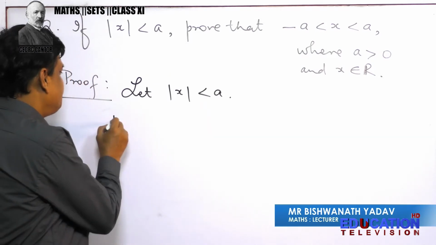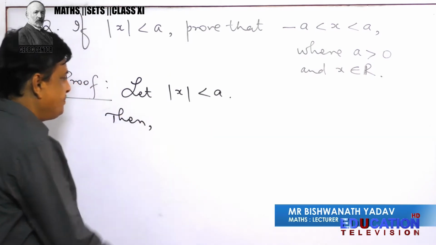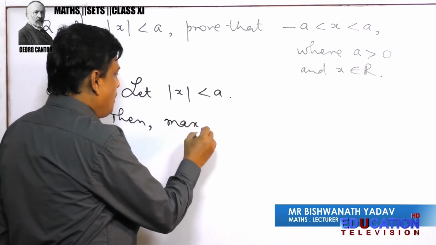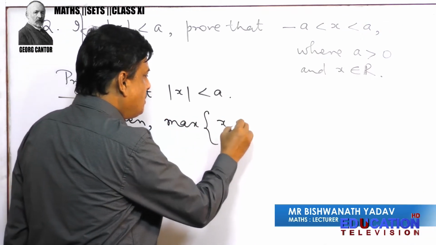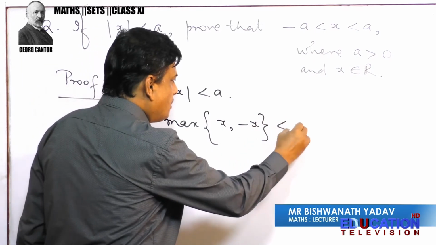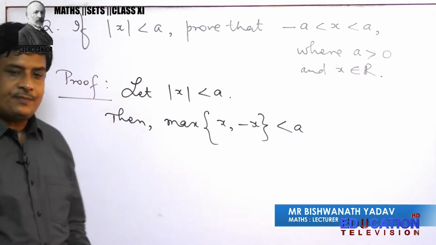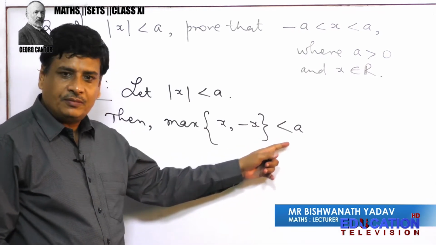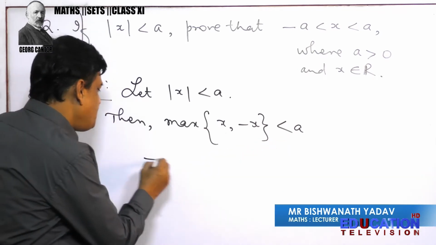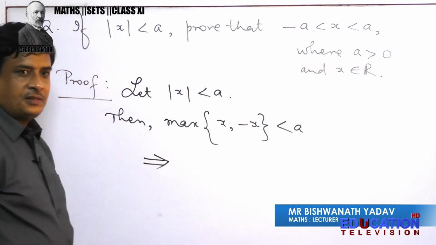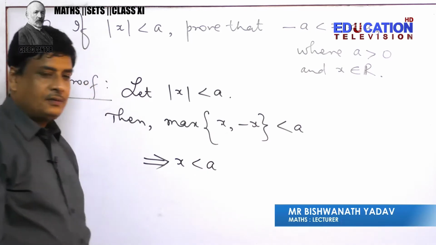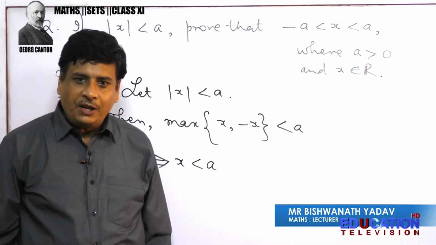Then the maximum value of the set containing elements x and minus x is less than a. This implies, if x is the maximum element, then it will be less than a.